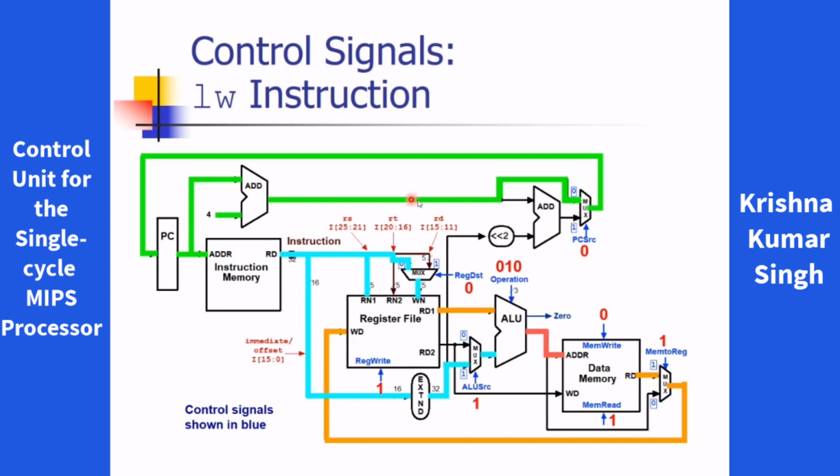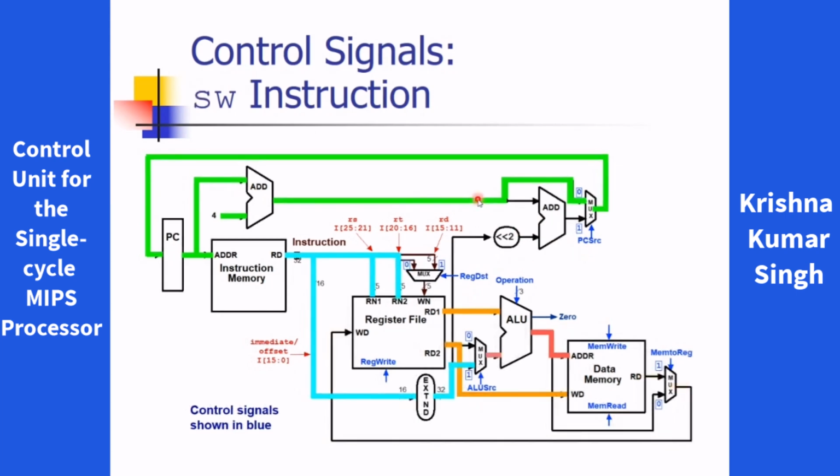This is for the control signals for the store word instruction. ALU source should be 1. Operation should be addition. We want to write into the memory, so memory write is 1 this time and memory read is 0, the opposite of the load word instruction.